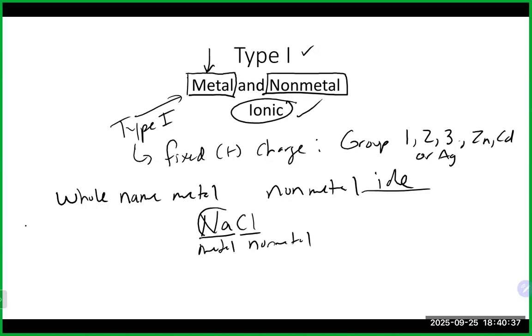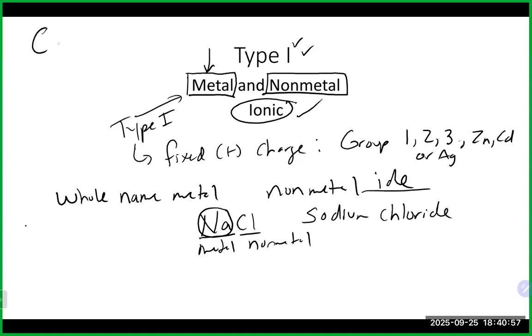As soon as I see the sodium here, that is my metal, which is a type 1 metal because it is group number 1, has a fixed positive charge, will never be anything other than that. I can roll right to the name, which is sodium, and again, IDE for my second one there, chloride.